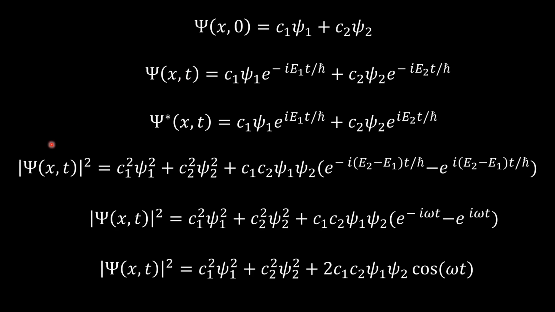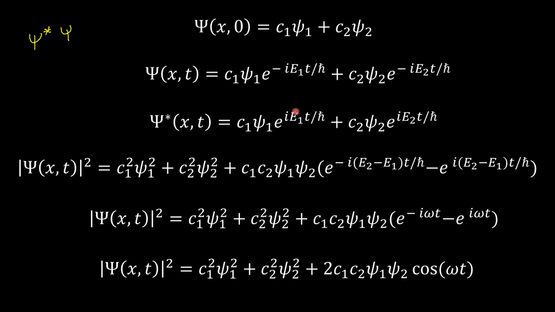Now you take the modulus square of psi, which is nothing but psi star psi. So you multiply this and this. You take the first self term, multiply these two terms, then you will get c1 squared psi1 squared.